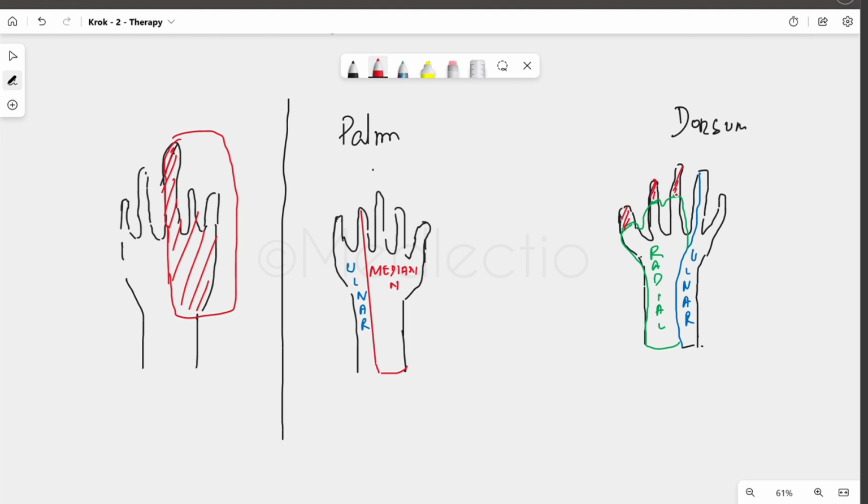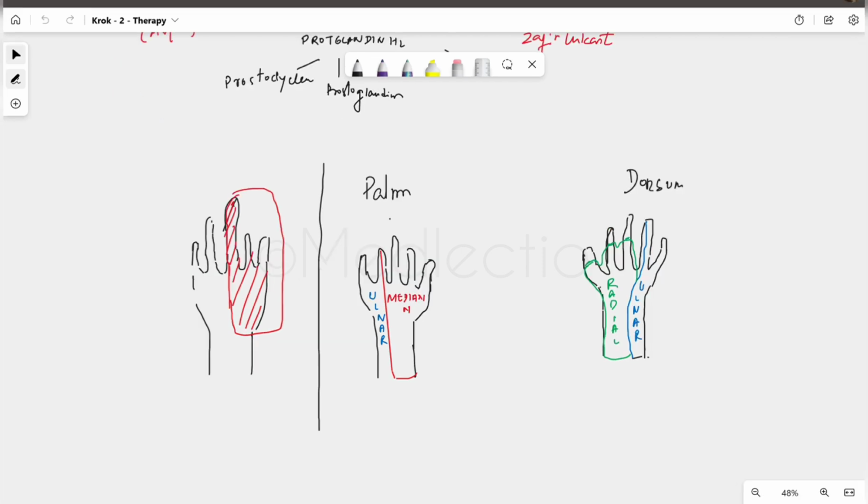So red is median, blue is ulnar, green is radial. They are saying the first 3 fingers of the palm, so it is supplied by the median nerve.